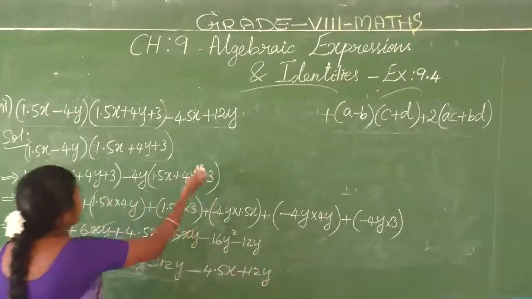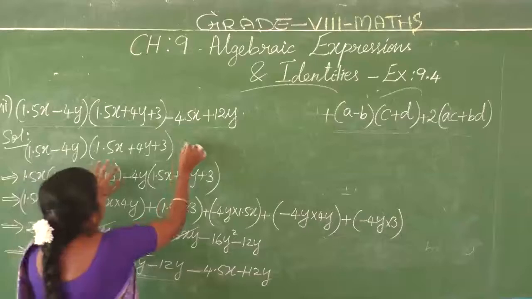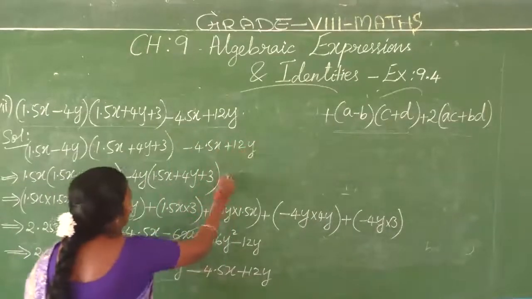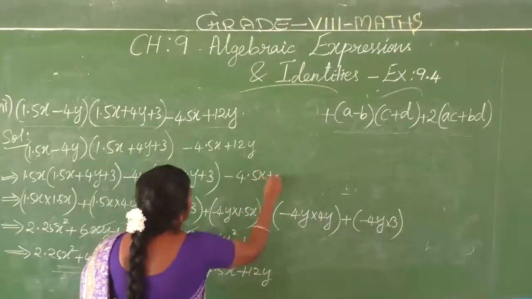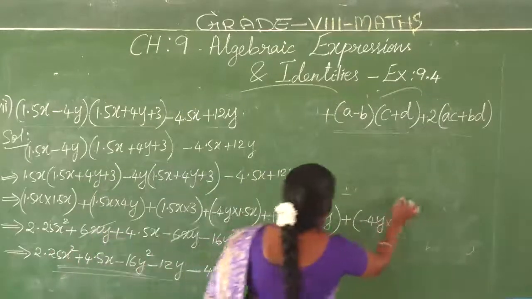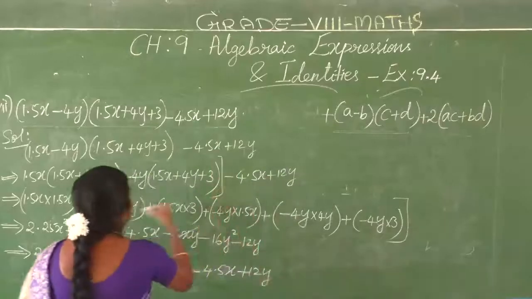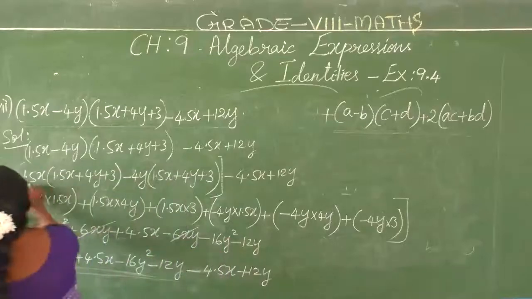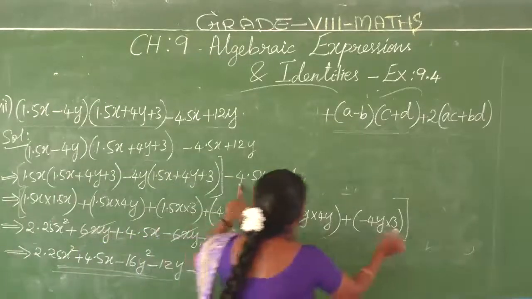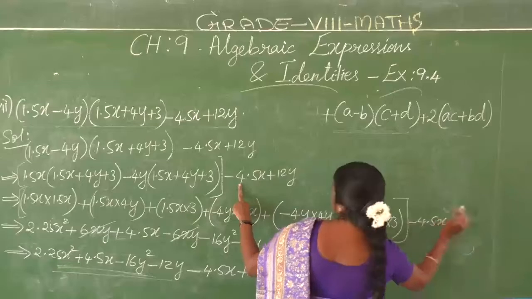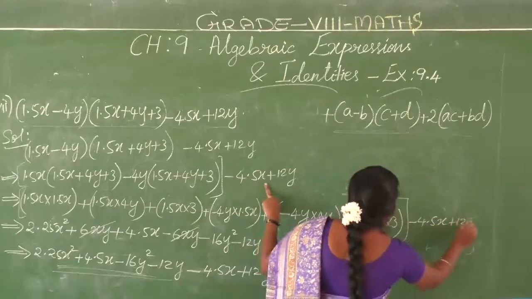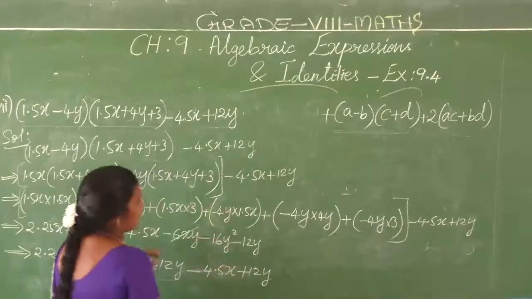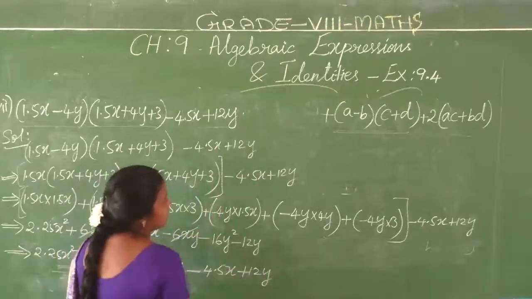If you want, here itself you can take minus 4.5x plus 12y. It is not necessary to take all the steps. Finally, I have added. Suppose if you want, step by step, you can bring it down.